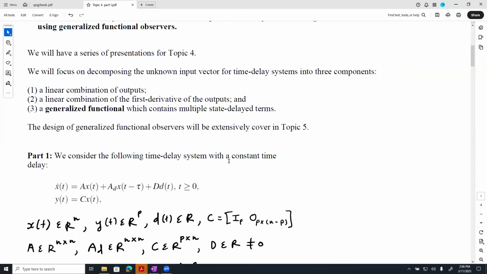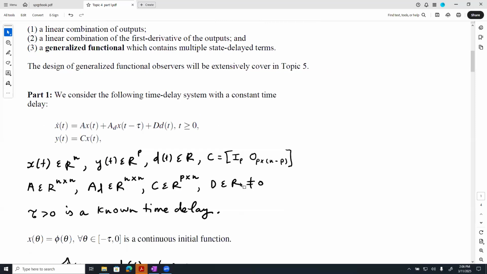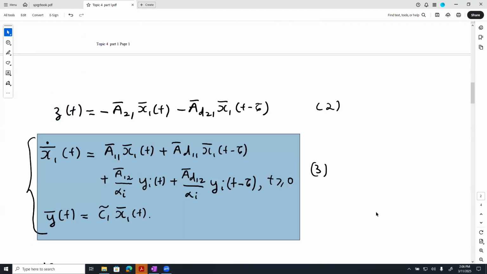But the key point to this is we come across a new definition, a new term, which we call generalized functional. And we demonstrate that there is a need to estimate that generalized functional directly. And so that becomes designing a generalized functional observer to estimate this generalized functional for this reduced order time delay system. Okay, and that will be the topic of extensive discussion later on in topic 5.